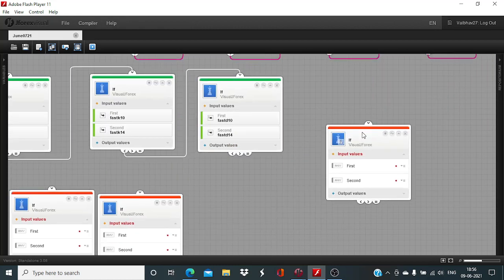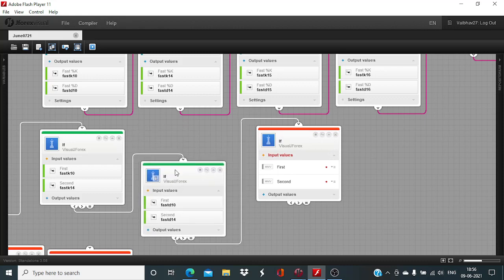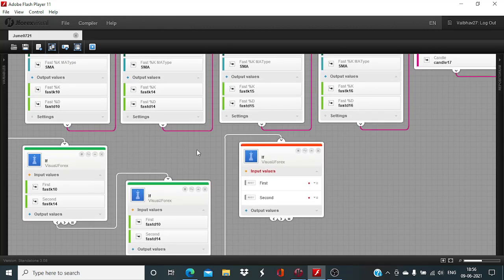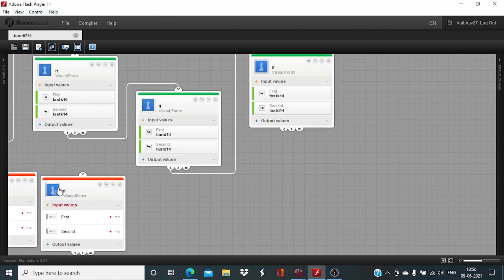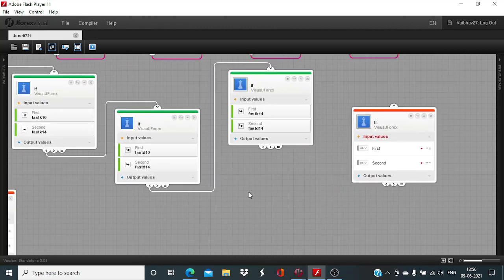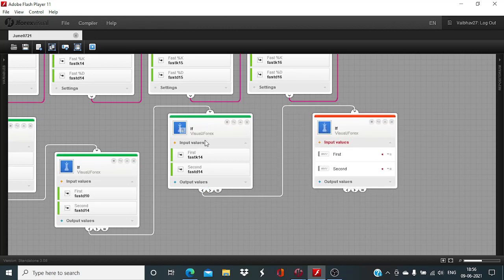Same condition, first input less than second input. Okay, and then we compare fast K14 to fast D14, and the requirement is going to be similar. We need fast K14 to be below fast D14. So first input again less than second input.